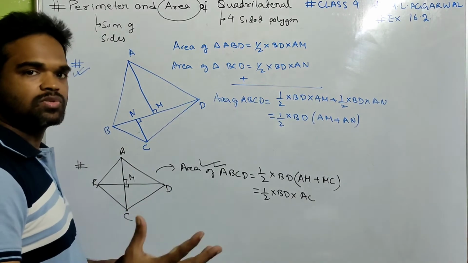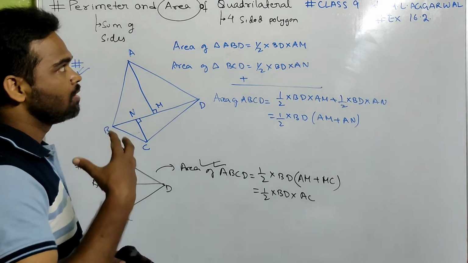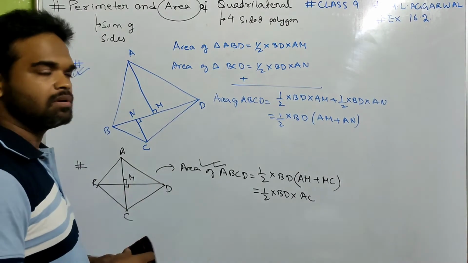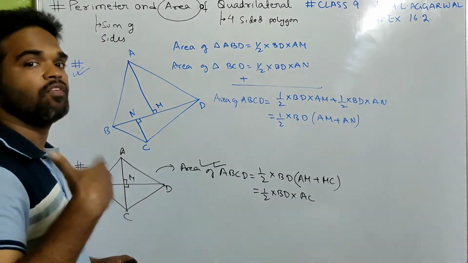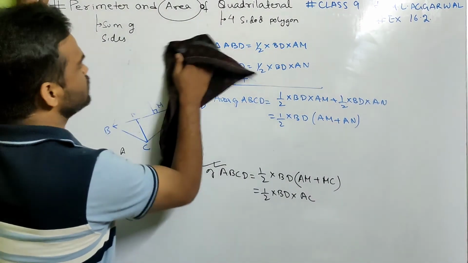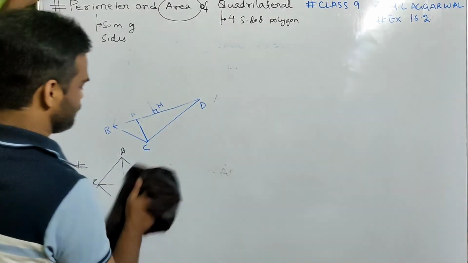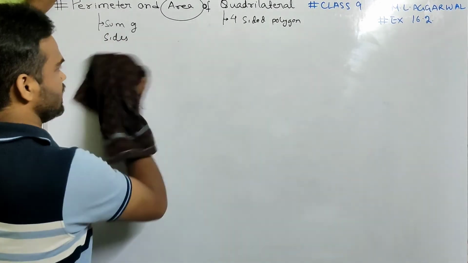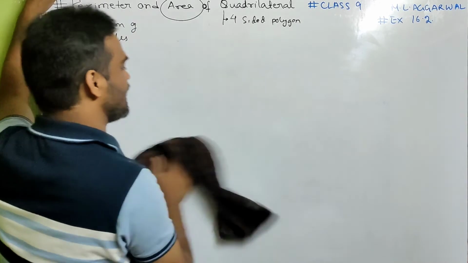Now we'll take the case of some special quadrilaterals. How to find the area of certain special quadrilaterals? We just need to know the formulas, okay? I'll show you. We'll derive it also. The first quadrilateral which we are going to discuss, special type, is our parallelogram.